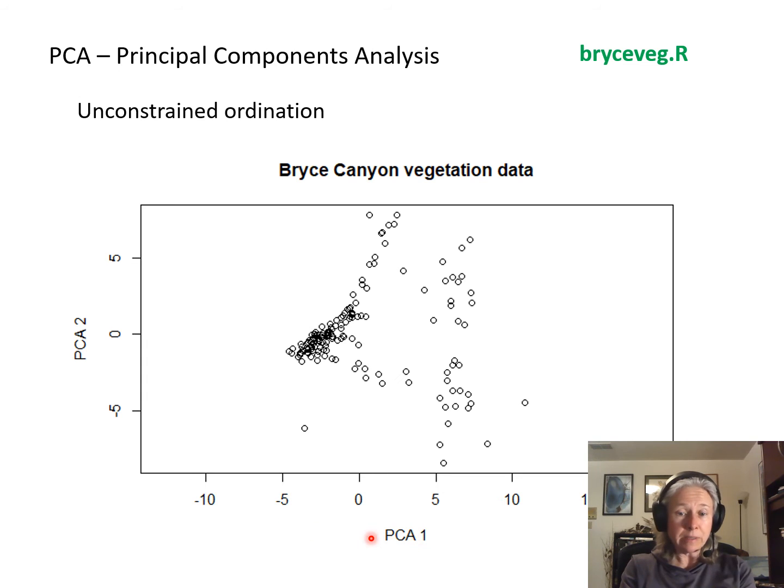And each one of these axes is a combination of site and species data. In this graph, it's only showing the sites. Each one of these circles is one of the 160 sites in the Bryce Canyon vegetation data set.